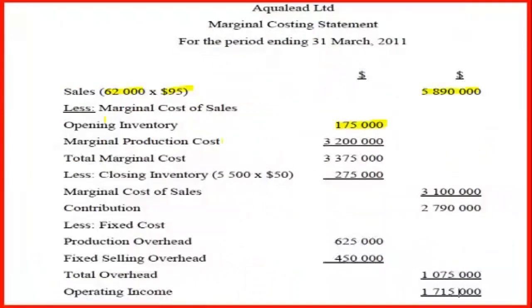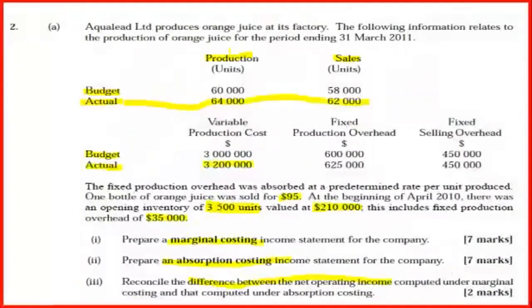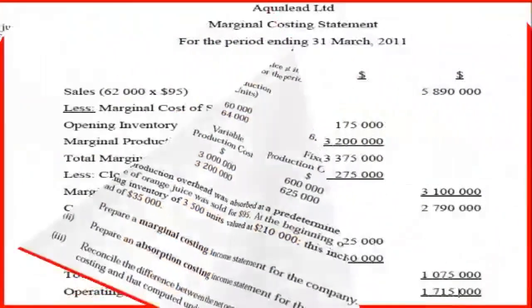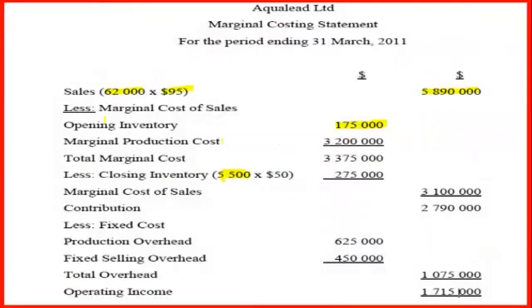Add them together, and then there's something wrong with this figure here. The closing inventory should be 2,000, right? We produce this like that. Should be 2000 by 50. I wonder where I got the 55 from.